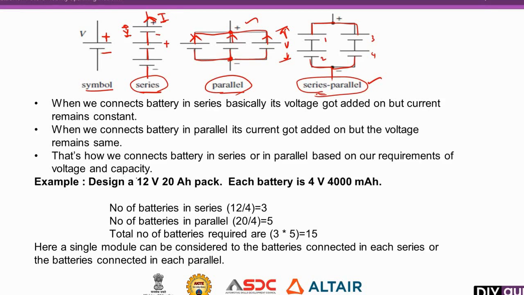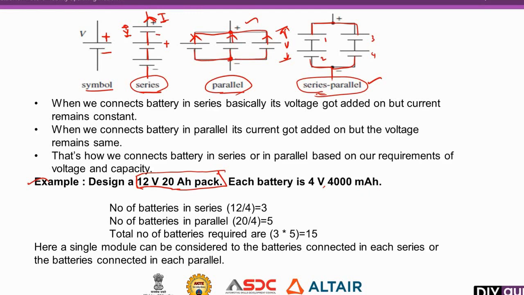So for practical application, we require both series and parallel combination battery connections. Now, for an example, if we are going to design a 12 volt 20 ampere hour pack, this is a battery pack with a rating of 12 volt and 20 ampere hour. The capacity of the individual battery we must know to create a pack. So each battery, let it have a specification of 4 volt and 4000 milliamp hour.